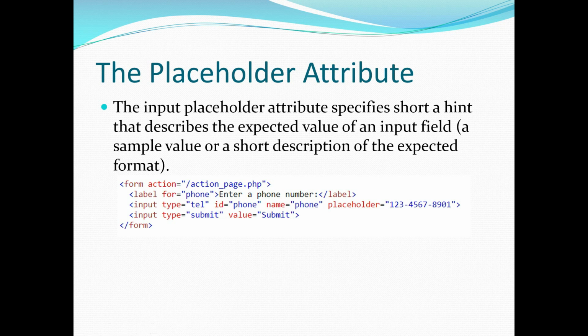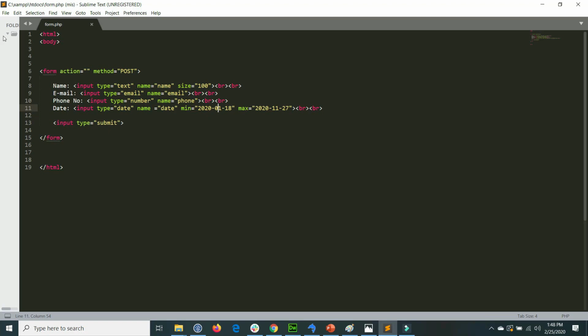if I declare the placeholder on the name field, let's check how we can do it. This is the input field, that is name, and here after the size I declare a placeholder. Inside the placeholder I write something meaningful, that is, enter your name here.